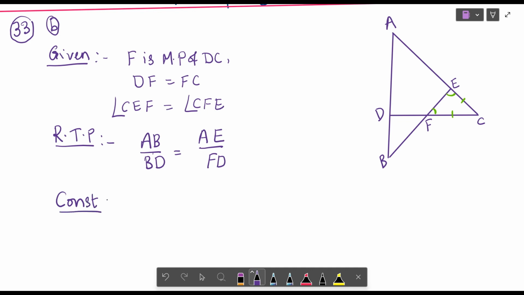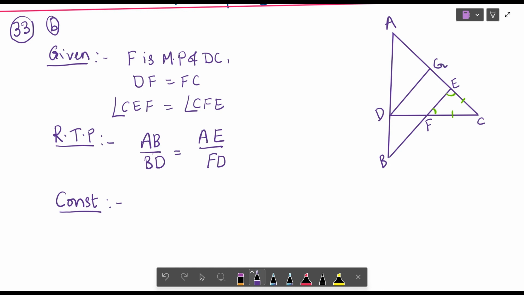So before going to prove, we have to do one small thing. What we are going to do is the construction part. We have to draw a line parallel to BE and mark this point as G. Understood?